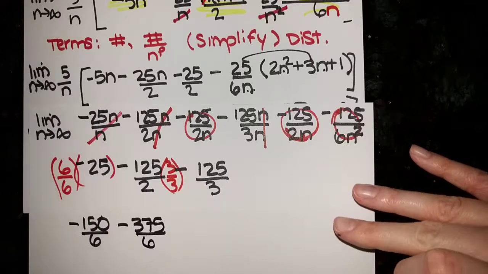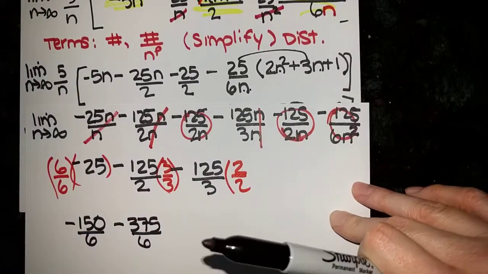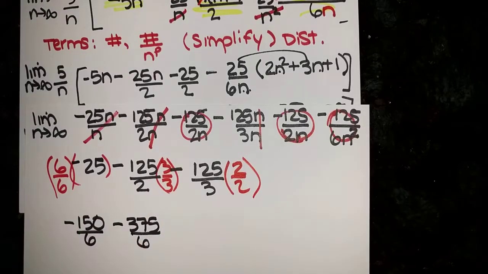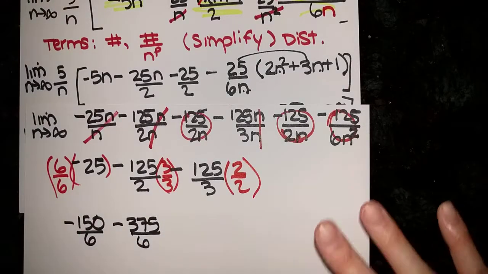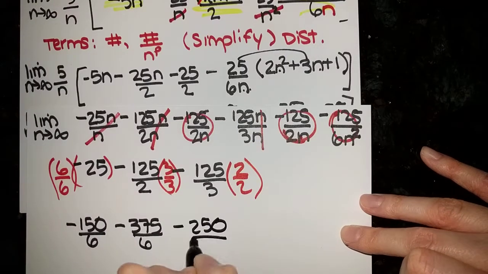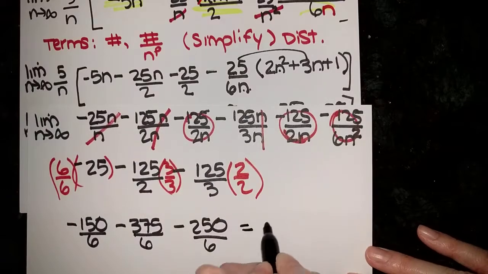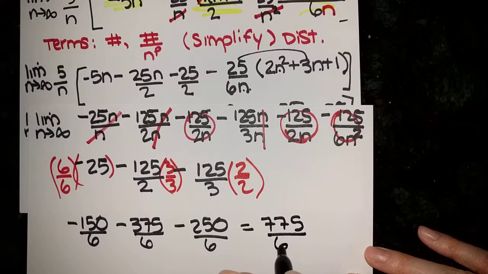And then this guy you would multiply by 2 over 2, so you would get 250 over 6, minus 250 over 6. So then you would just say negative 150 minus 375 minus 250, and that's over 6, and then simplify that fraction, so you just get 775 over 6.